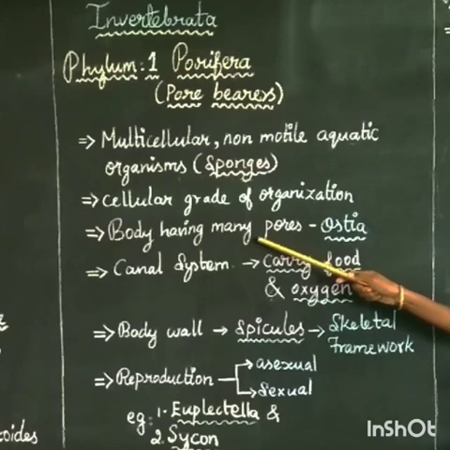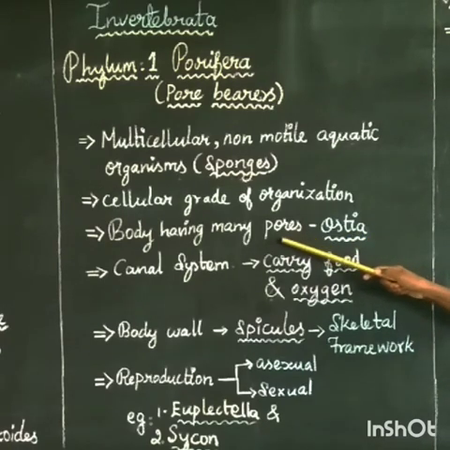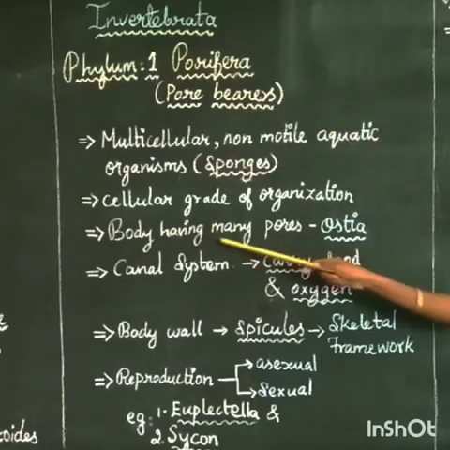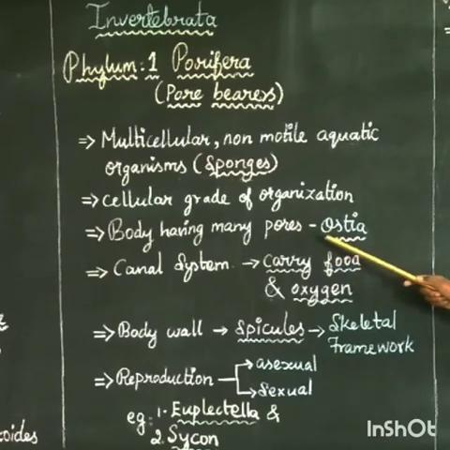I told you the organisms which have pores are included in phylum 1, Porifera. The body contains many small hole-like structures, minute pores. These pores are called ostia.